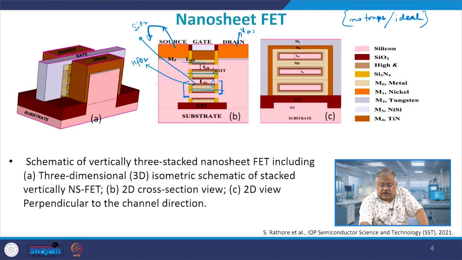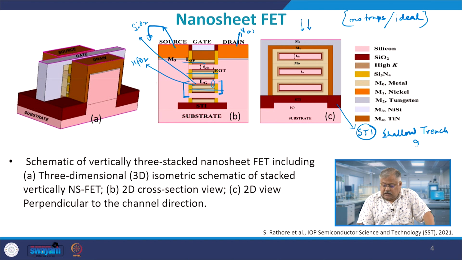Now, this is silicon. So, now let us come to the last schematic here, the cross section, and one important point here is this brown color, it is STI which we put, also known as shallow trench isolation, and this is generally done in order to isolate the device from subsequent nanosheets.